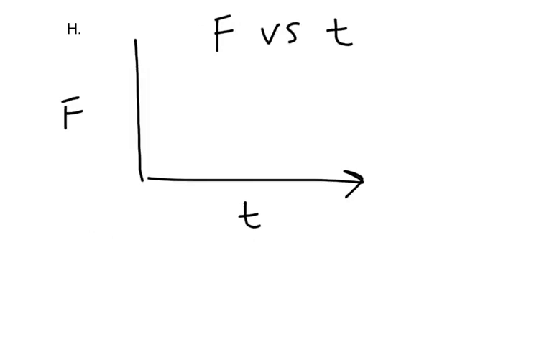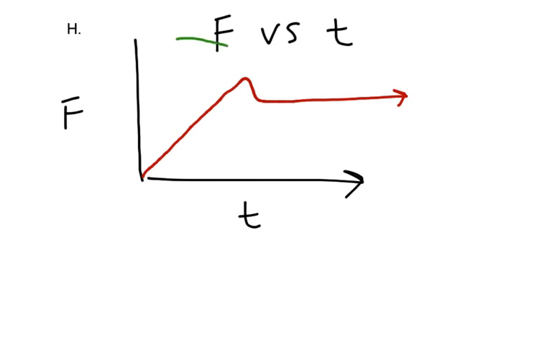If we looked at a graph of force versus time, of someone pushing on a crate that is not moving, and then we want to get it to start to move and then move at a constant velocity, what we see is as time goes on, you apply a force, increase your force, increase your force, the object actually starts to move, and then we get a lowering amount of force required to keep the object moving at a constant velocity as time goes on.